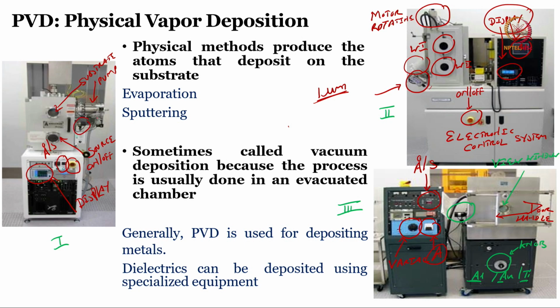One gauge I can see here, one is on the back side. This is for rotating the substrate. Why do you have to rotate the substrate? Because if you rotate the substrate, the deposition becomes uniform. Then there is the control electronics.